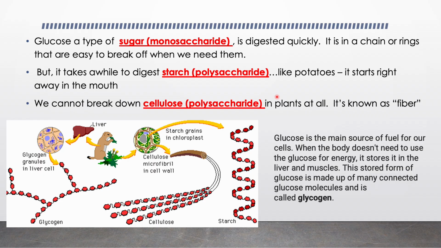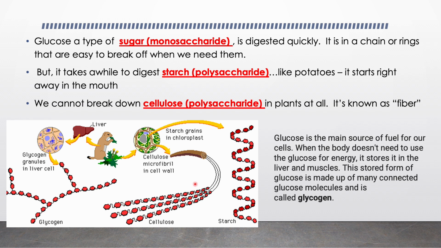They take a little bit longer to digest, but remember, digestion always starts in the mouth. Then you could have something like cellulose that we can't break down at all. And again, that's that fiber that you would find in a plant cell. Again, they are polysaccharides because you have many sugar molecules put together.